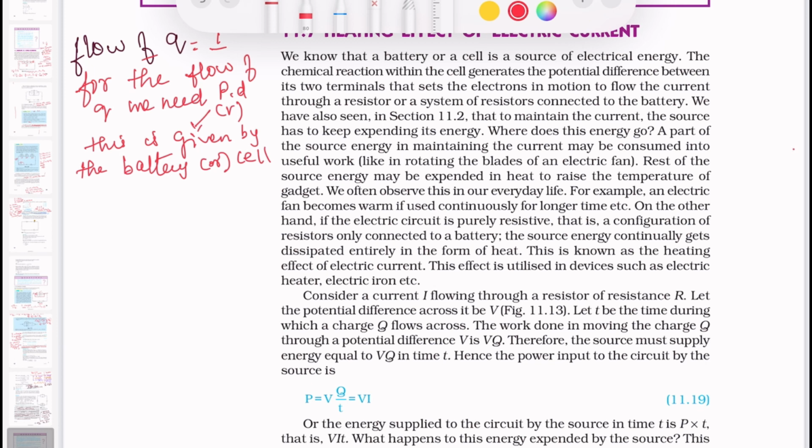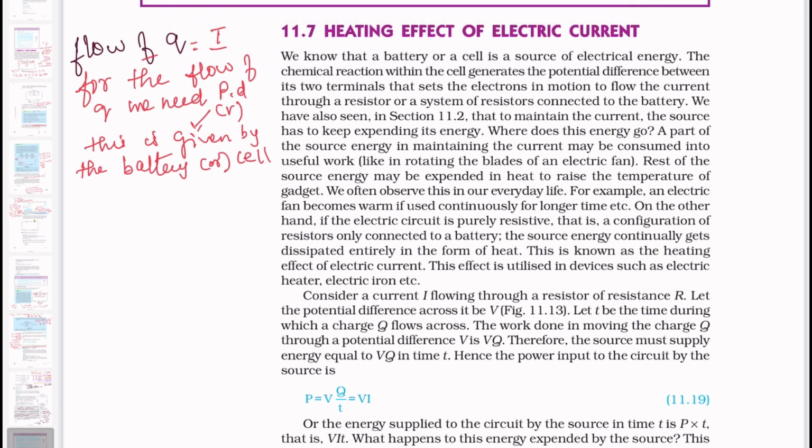That is what we learned in the introduction part of this chapter. So when the potential difference is created, the flow of electrons starts, and when there is a flow of electrons, it constitutes the current.